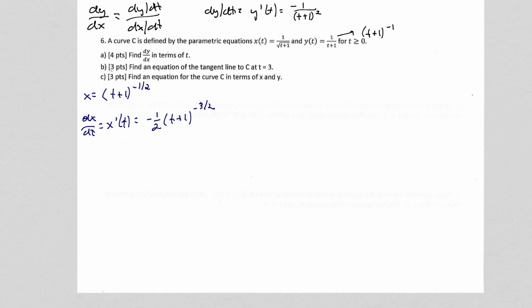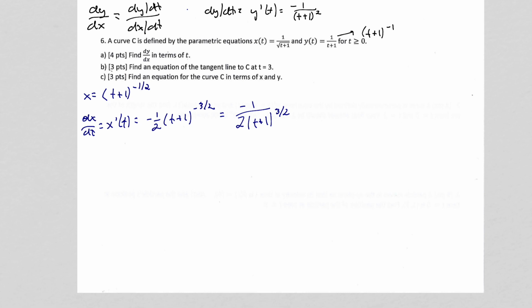And I'm going to rewrite that as negative 1 over 2, and then I'm just going to write it as t plus 1 to the 3/2. You could, if you wanted here, use square roots and stuff like that, but it's unnecessary. So let's go ahead and now find dy over dx.